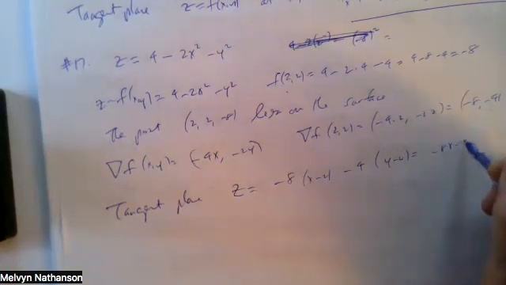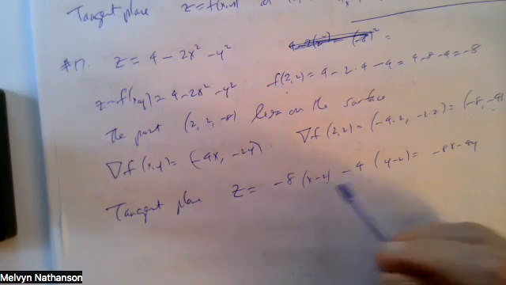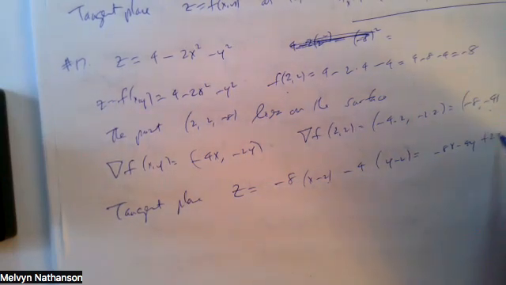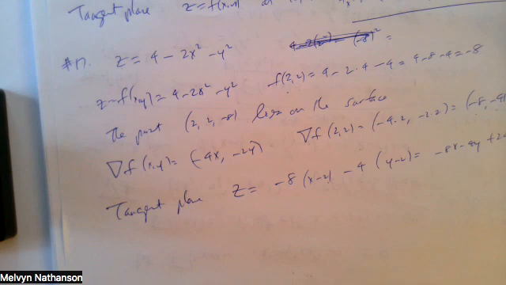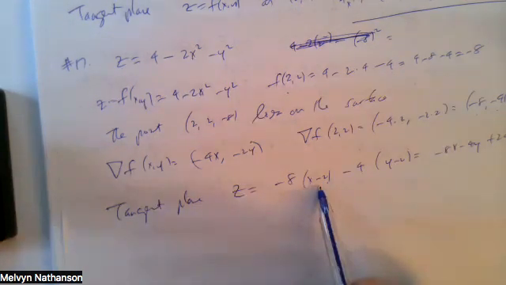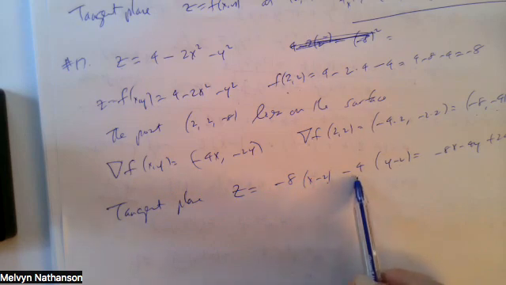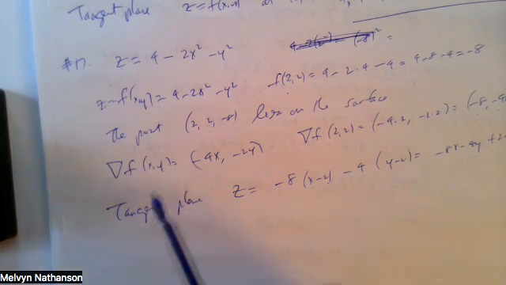So this is minus 8x minus 4y plus 16 plus 8 plus 24. Let me just check my arithmetic here.